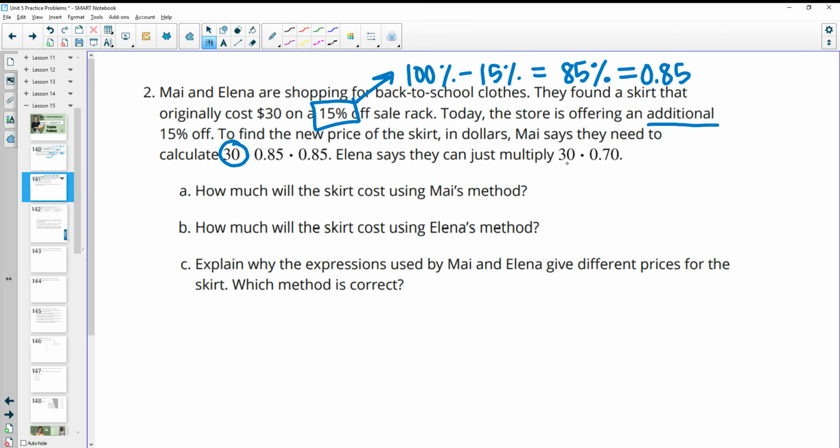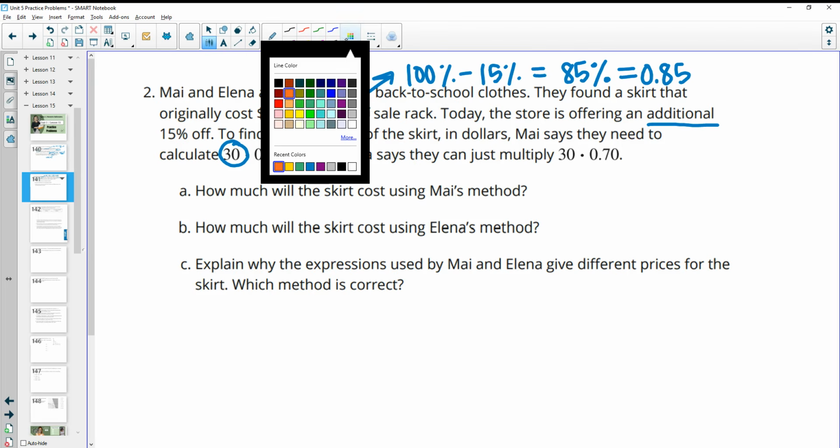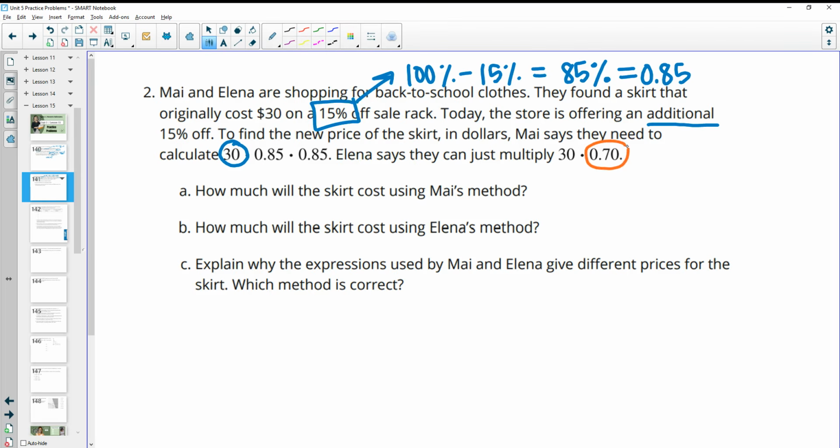Elena is saying they can just multiply 30 times 0.7. So for her, she's getting this 0.7, thinking of that as 100% minus 15% minus 15%, and saying, all right, we're actually just paying for 70% of the skirt.